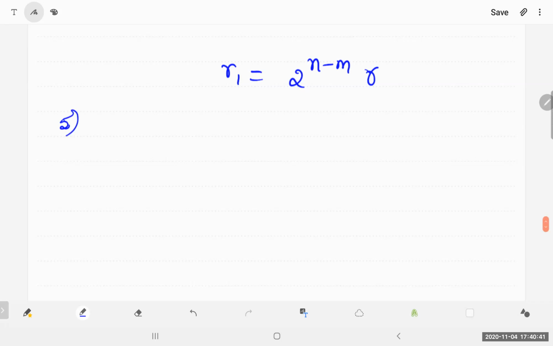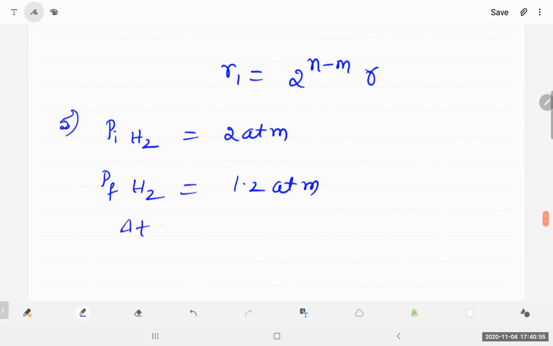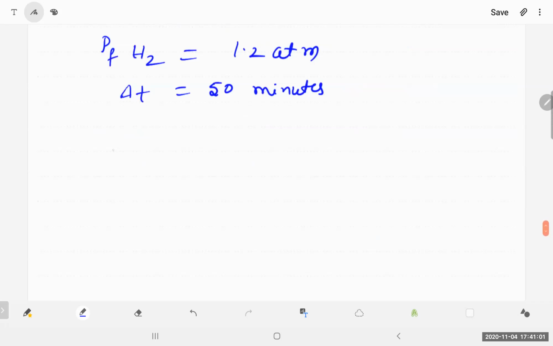Initial pressure of hydrogen is equal to 2 atm. Final pressure of hydrogen is equal to 1.2 atm. Delta t they have given, that is 50 minutes.